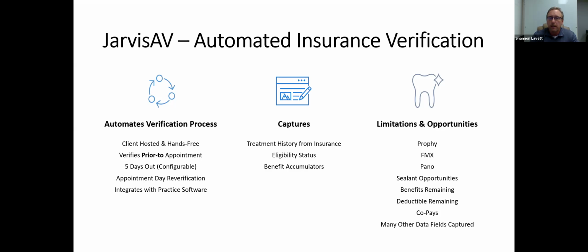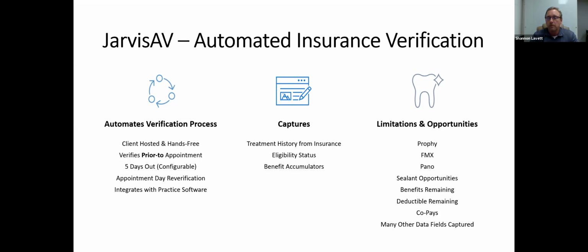The information that we capture centers around treatment history, which is very unique. A lot of the eligibility solutions out in the market don't do that. We do provide that information. We also do the eligibility status, and we also do benefit accumulators.